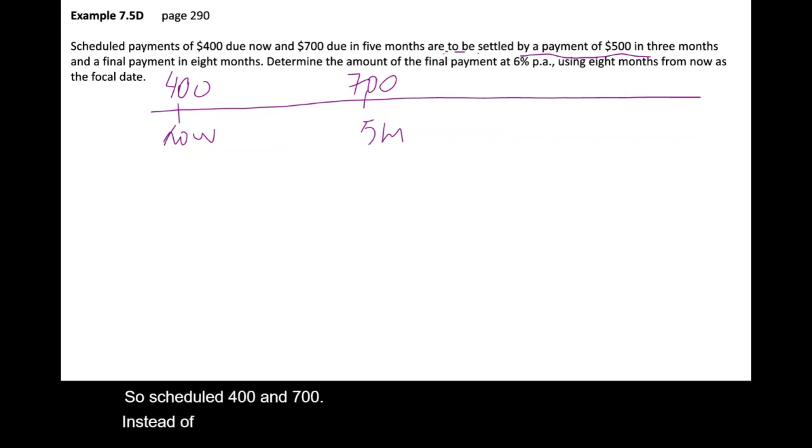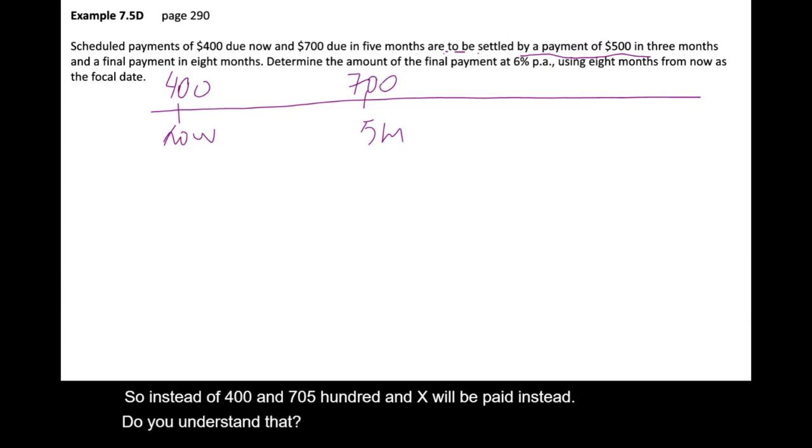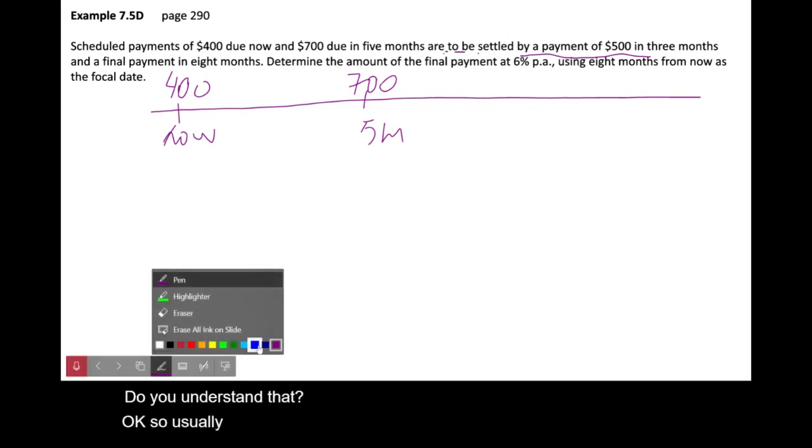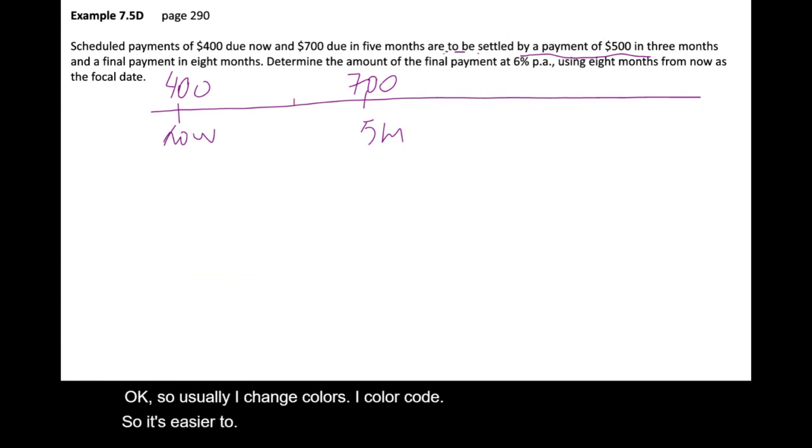Instead of that, 500 and something, what we have to find, will be paid instead. So instead of 400 and 700, 500 and X will be paid instead. Do you understand that? Usually I change colors, I color code, so it's easier to understand, not to make mistakes.